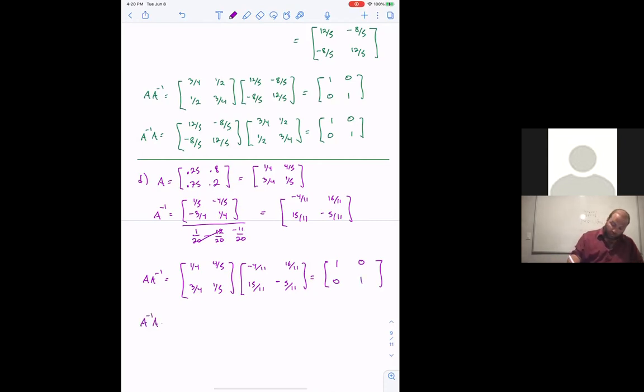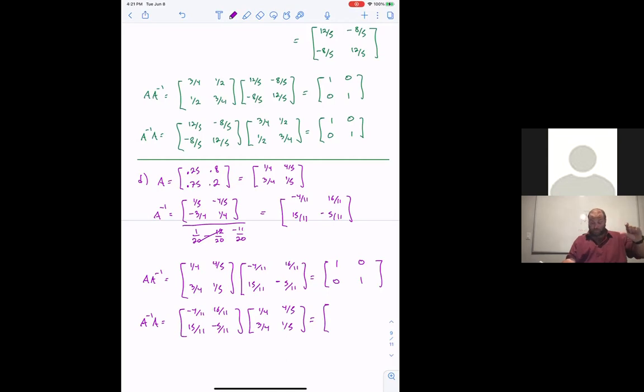And then A inverse A is -4/11, 16/11, 15/11, -5/11 times 1/4, 4/5, 3/4, and 1/5.